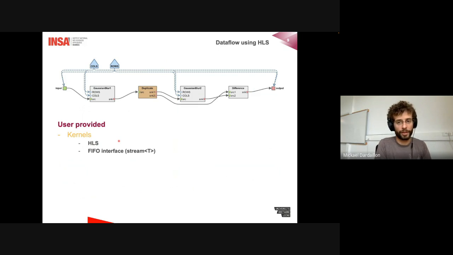I don't know if everybody is familiar with high-level synthesis, but the idea is that an FPGA can be programmed either in a low-level RTL language such as Verilog or VHDL, but nowadays they can also be programmed using the C++ language, and the C++ is transformed to this RTL level using a high-level synthesizer, such as Vitis HLS.